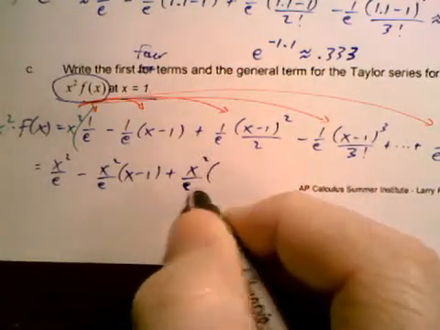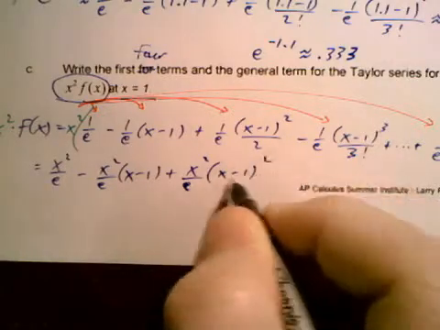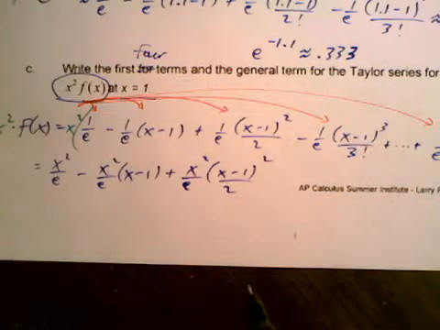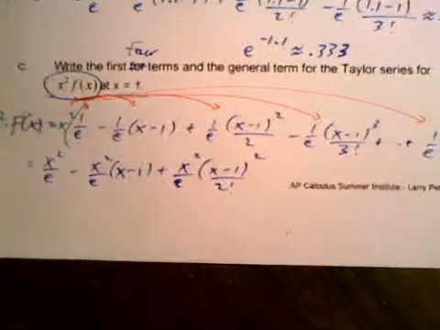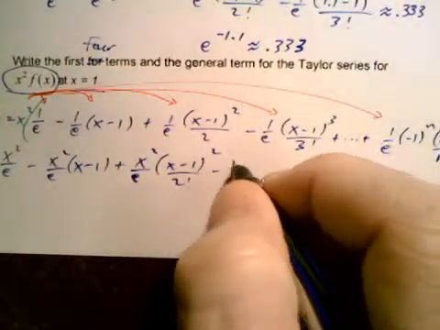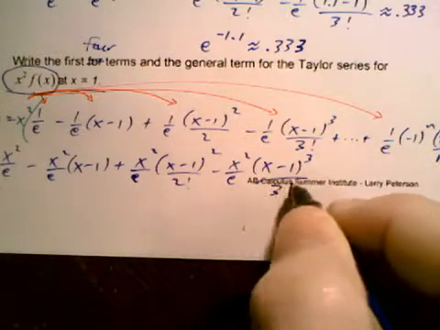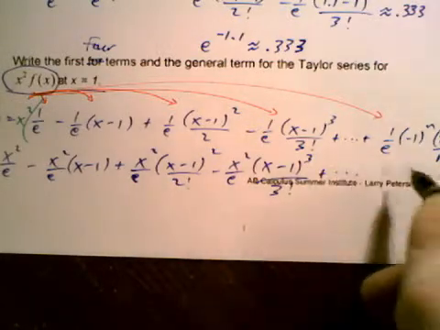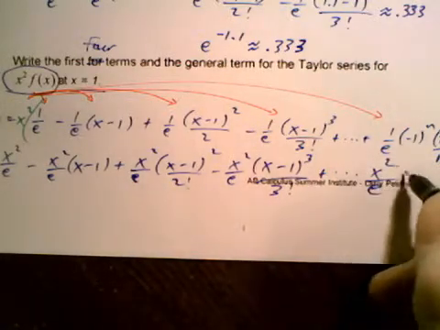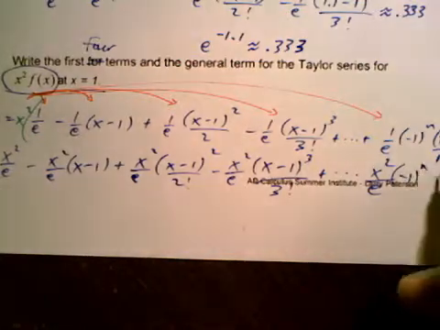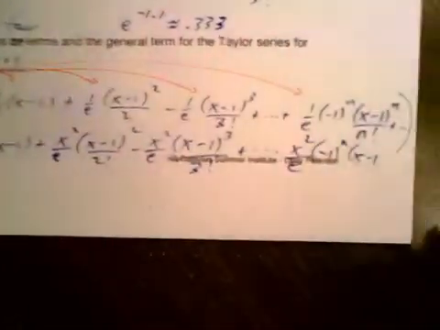So you don't have to do anything different, right? You're just adding the x squared to every term, minus x squared over e times (x minus 1) to the third over 3 factorial plus dot dot dot. The only thing you have to do is add that x squared right there.